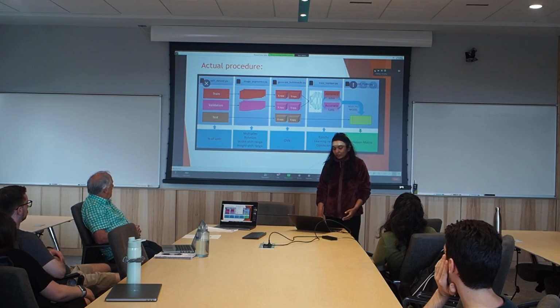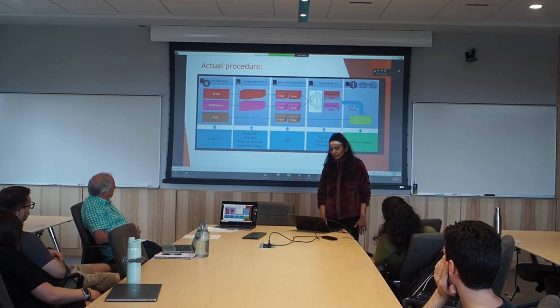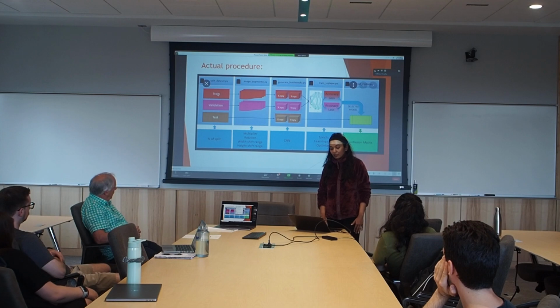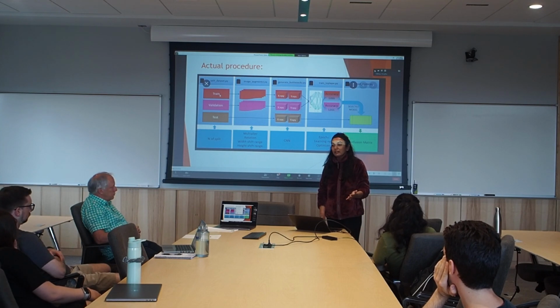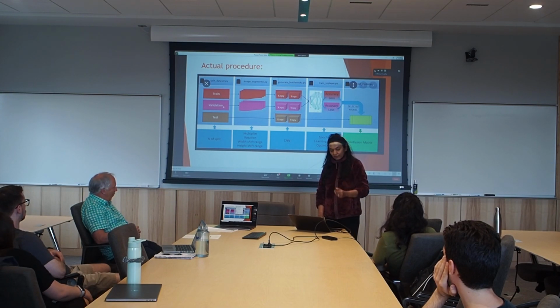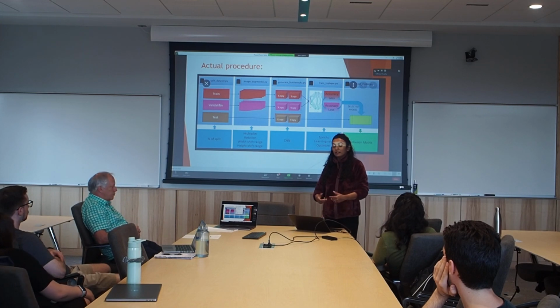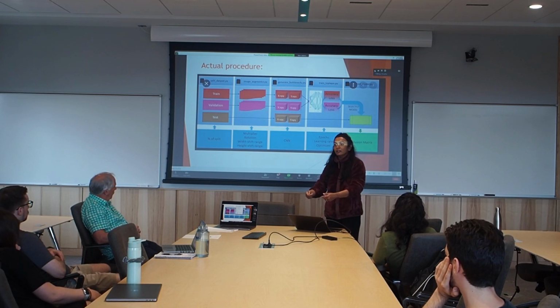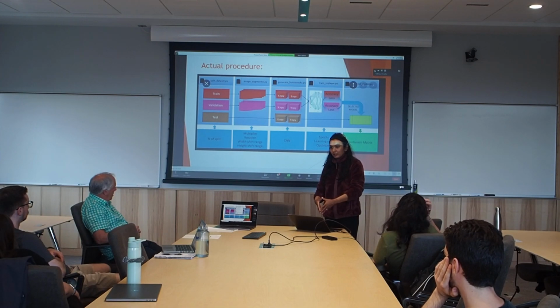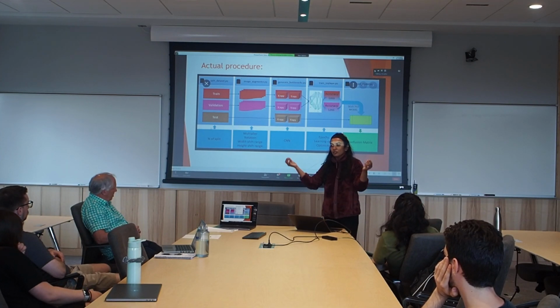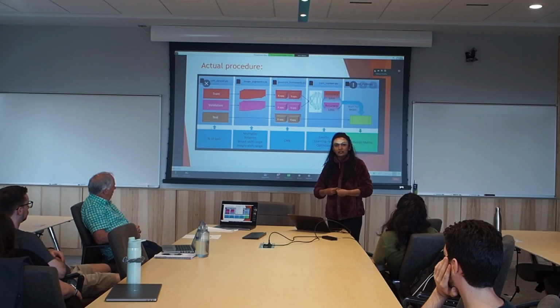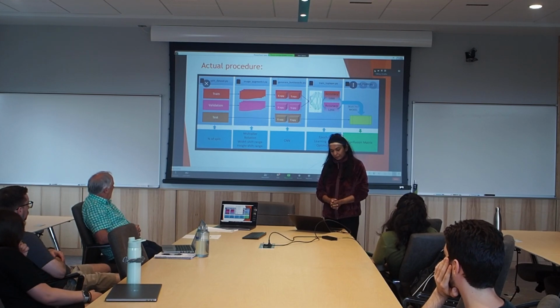So the actual procedure: we have a lot of images, and once we have the images, we divide them into train. First of all, we train our model. This is a supervised model in which we have to give images that were labeled by some of the students here. Then we divide these images into validation: I give another folder to my computer and tell it, hey, validate it, tell me that it is working properly. Then I can finally bring any images from the outside world and test them in my system, and my system works.